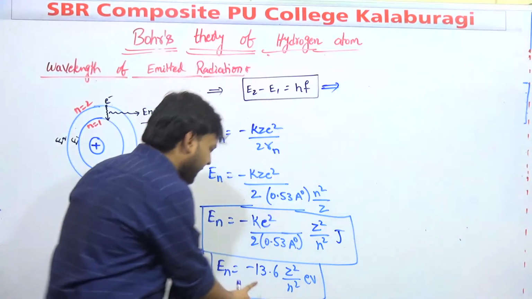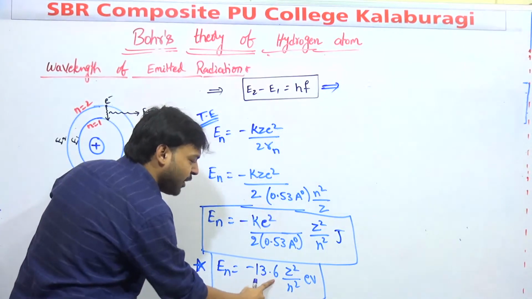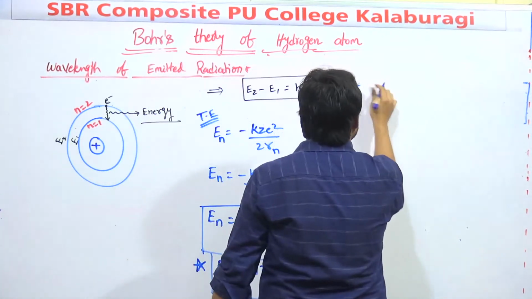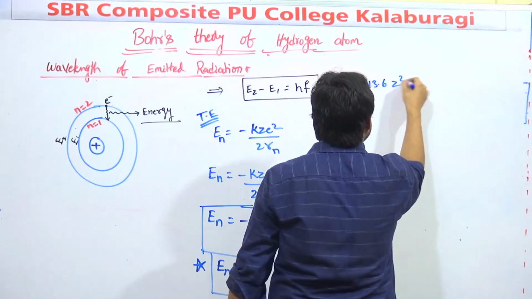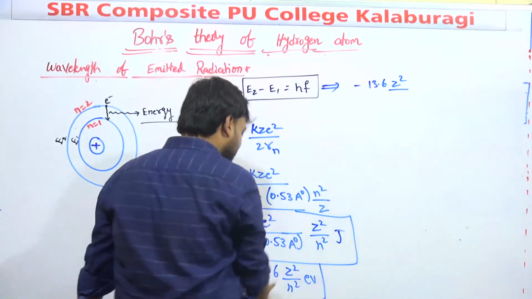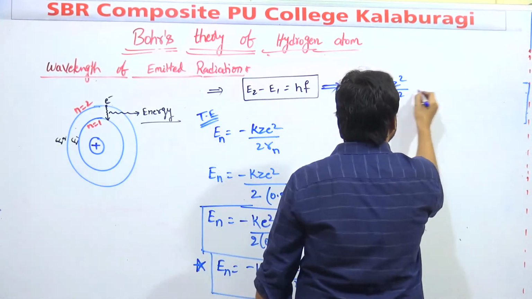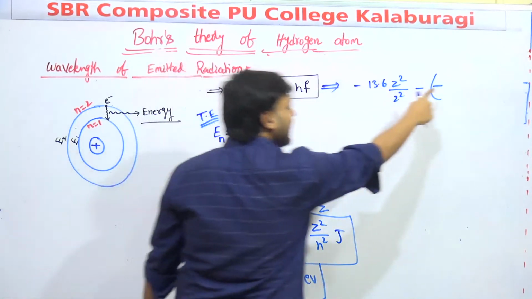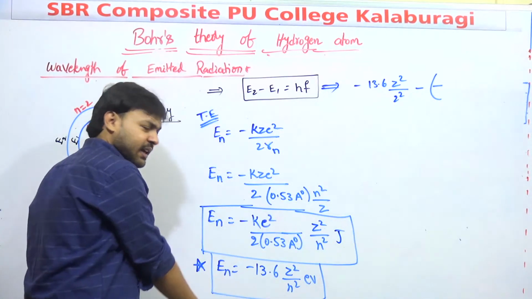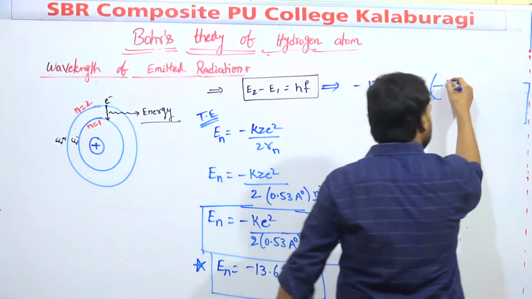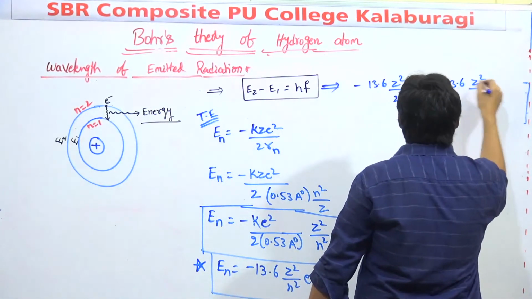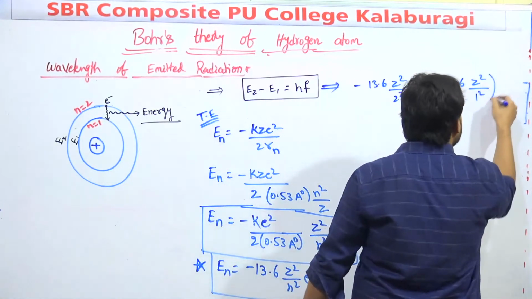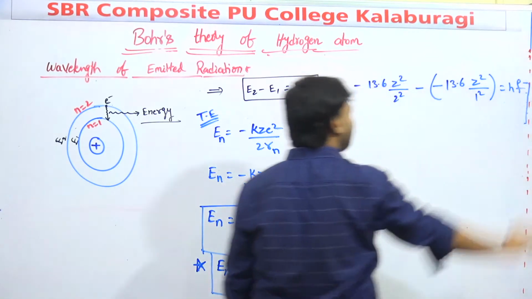What is E2? Come back to here. E2 is minus 13.6 Z square by 2 square, minus of minus 13.6 Z square divided by 1 square, which is equal to hf. So the n value for the first orbit is 1.